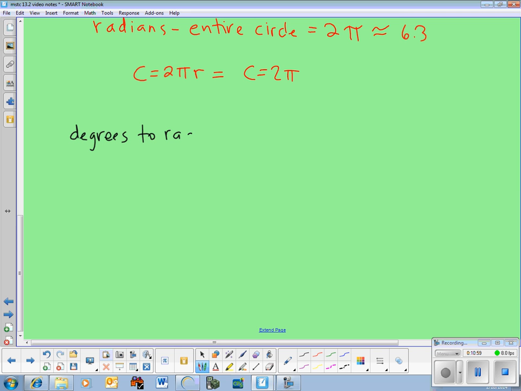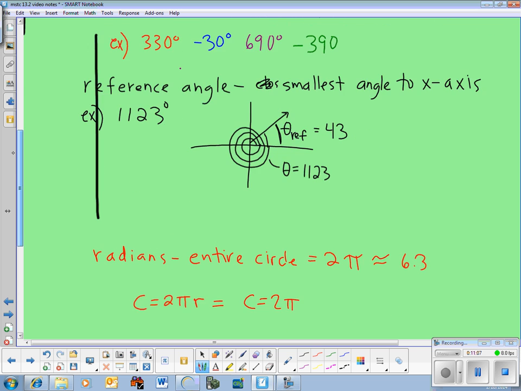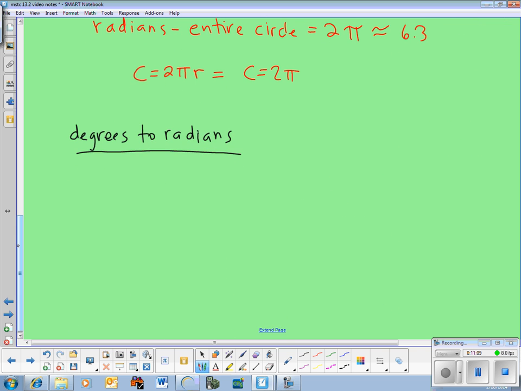And those spots in those circles above, those are going to be important spots that we have to memorize coming up shortly. But for just any old degree, if you want to change it to radians, take the degree and multiply it by 1, but we're going to be clever in the way we write that 1.